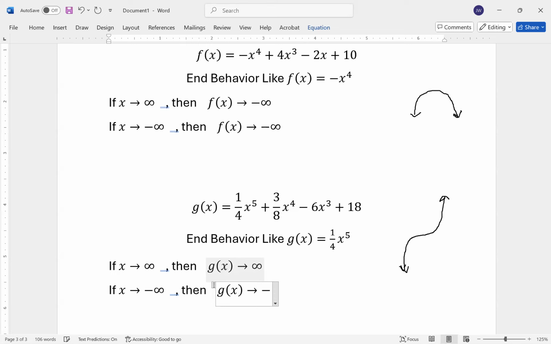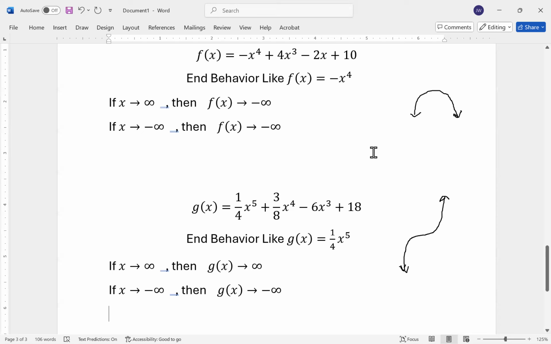So that goes to negative infinity as well. So determining the end behavior of a polynomial function is determining the end behavior of a power function of the same degree, of the same lead coefficient.